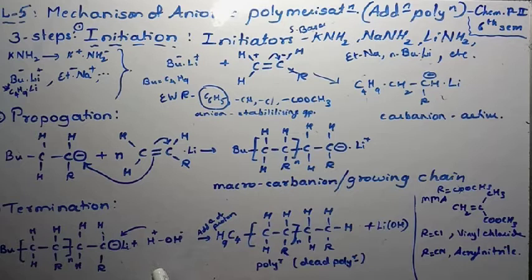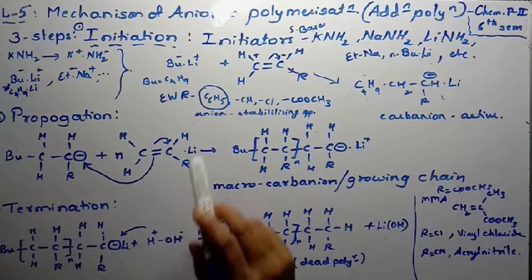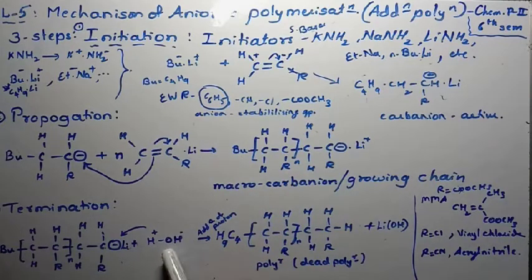But in this case it is slow, and another reagent which is not involved in the reaction needs to be added to terminate the reaction. That means to stop the lengthening of the chain, reagents like water, alcohol, etc., or ammonia will be added to stop the reaction.